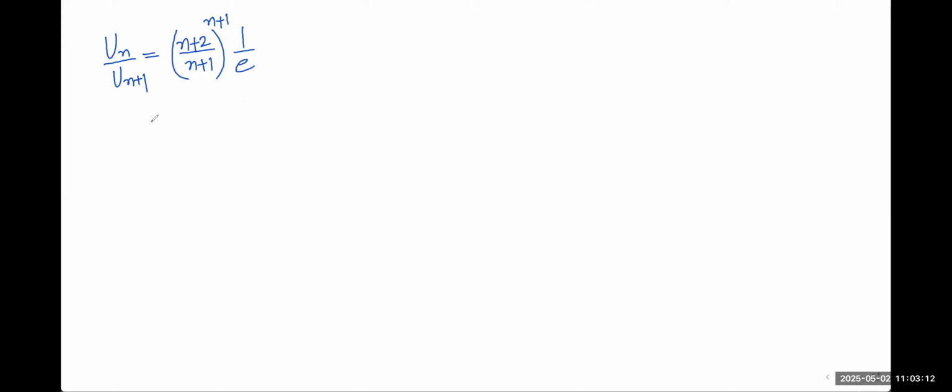This is equal to n plus 2. I want to write like this, n plus 1 plus 1, and this denominator value will distribute to both of them. Divide here also, divide here also. Very important point. Why? Because these two are cancelled.